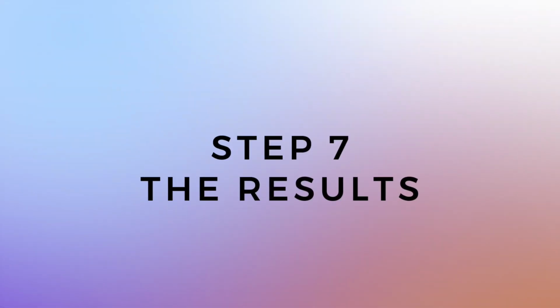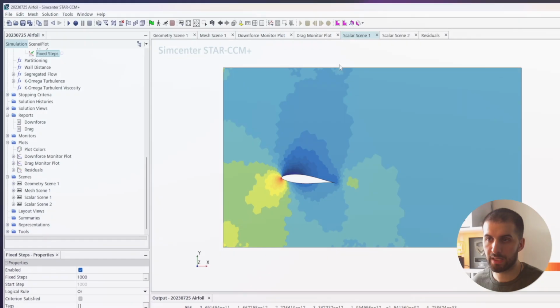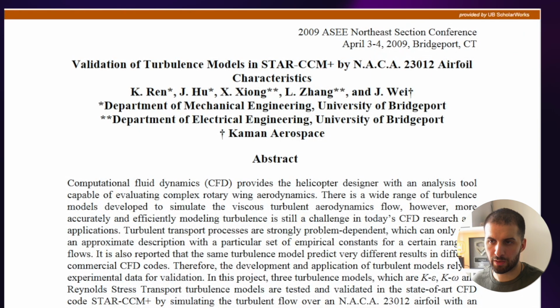Firstly, let's compare very quickly what would have happened if we used other turbulence models, so the K-epsilon or the RST model. This article, for example, that I'm going to show right now in this video, shows the validation of turbulence models in STAR-CCM+.